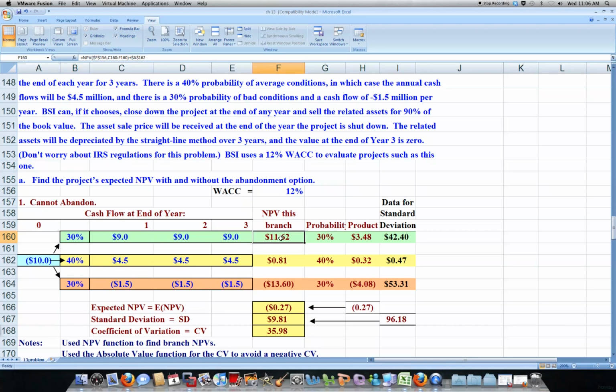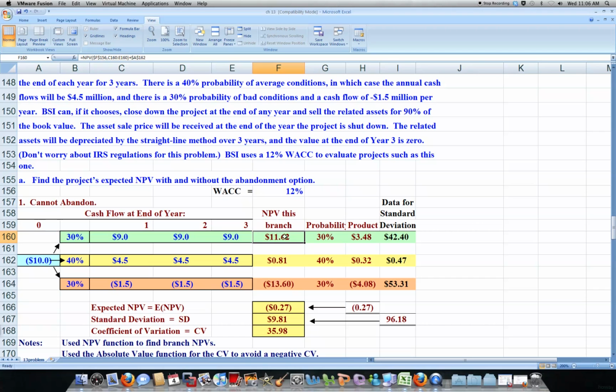So we're going to just find the NPV of just this branch right here. We just say the NPV, and our rate is the 12%. Here are our values, and we're going to have to add our cash flow at time period 0 at the end, like we've been doing.